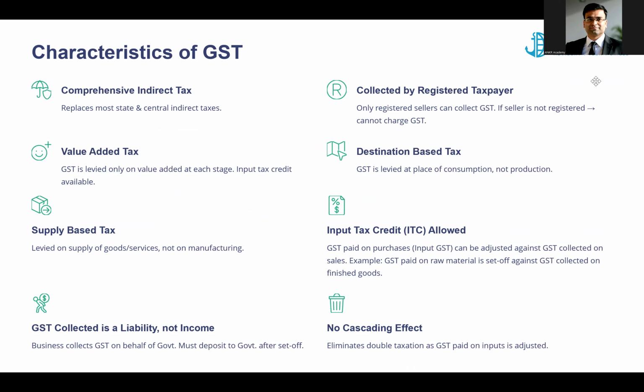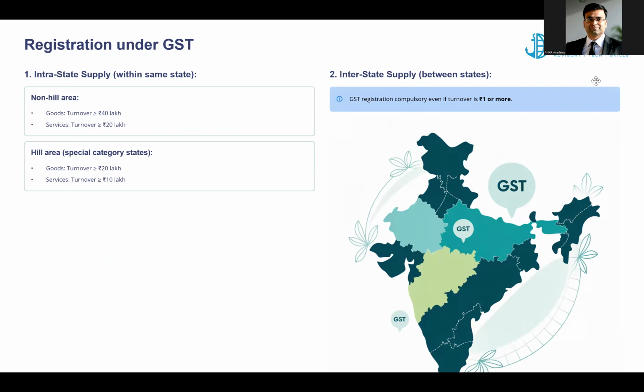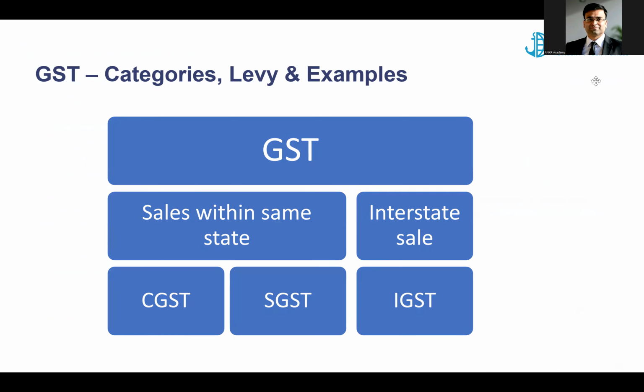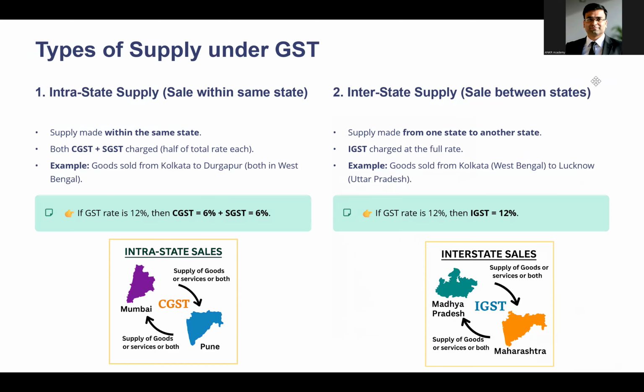We will come to this, but let's move to the application of GST. First we have to understand that GST is levied on two bases: one, intra-state supply, and two, interstate supply. First, let's understand that GST is a consumption-based tax.